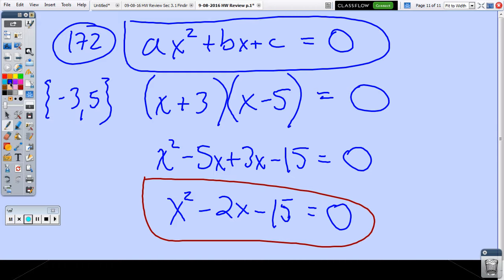So, do you guys want to know what's on the quiz? Yeah. Okay. So, you need to be able to look at a quadratic function, y equals ax squared plus bx plus c, where a, b, and c are real numbers, and tell me whether it opens upward or downward.